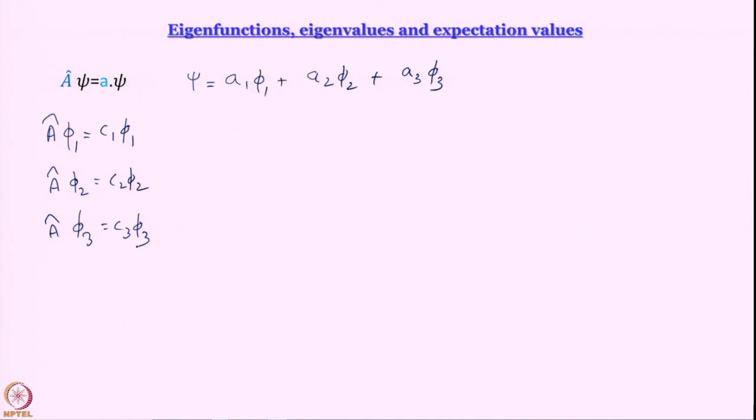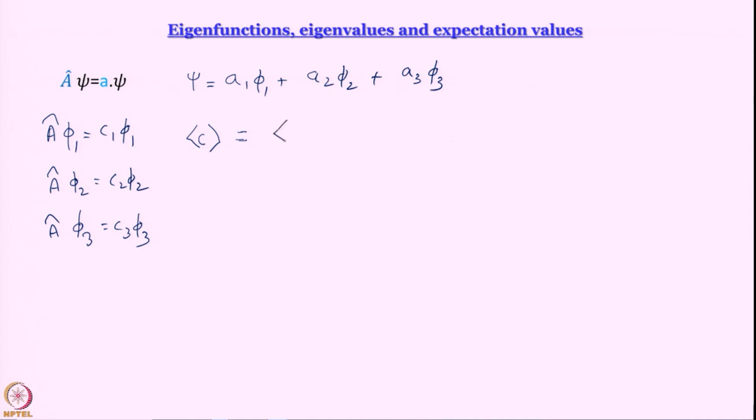As we said, you are going to see either C1 or C2 or C3 when you perform a particular observation or particular experiment. What is the average value that you will see? Average value of let us say C, or I could have written A hat also, that is going to be, actually I am using a bad convention, I should have written C as coefficient and A as eigenvalue, but well, it is fine.